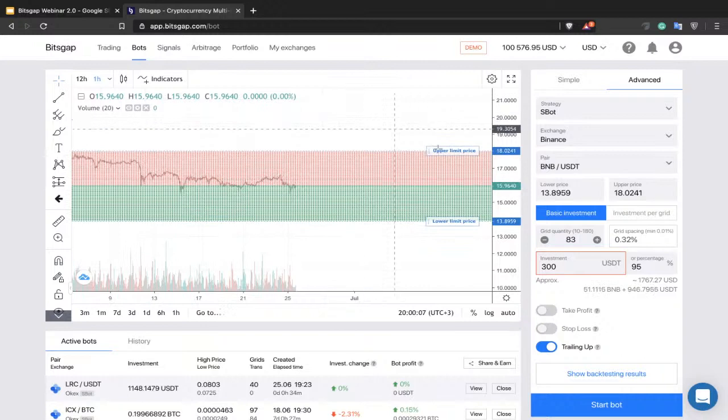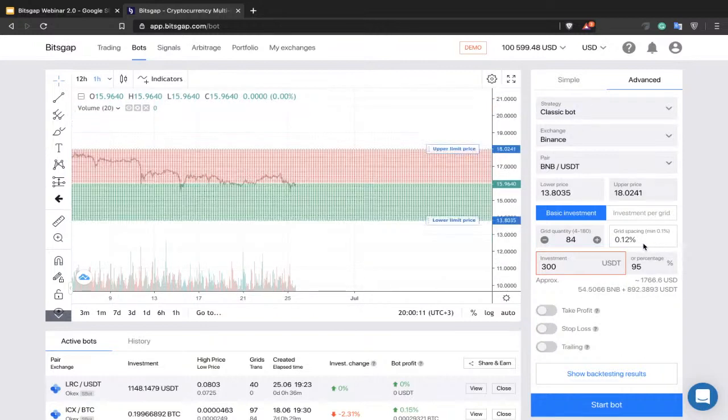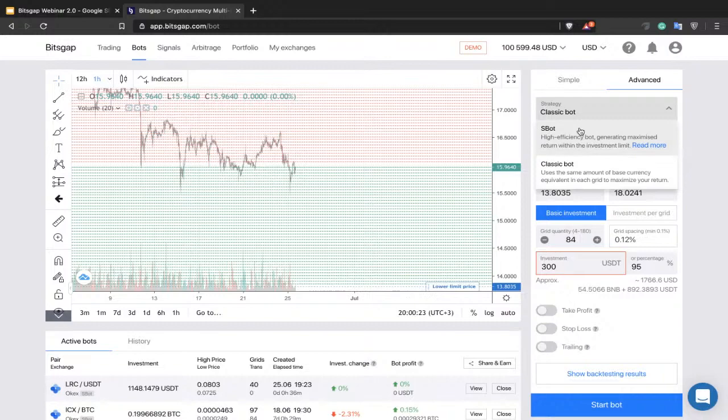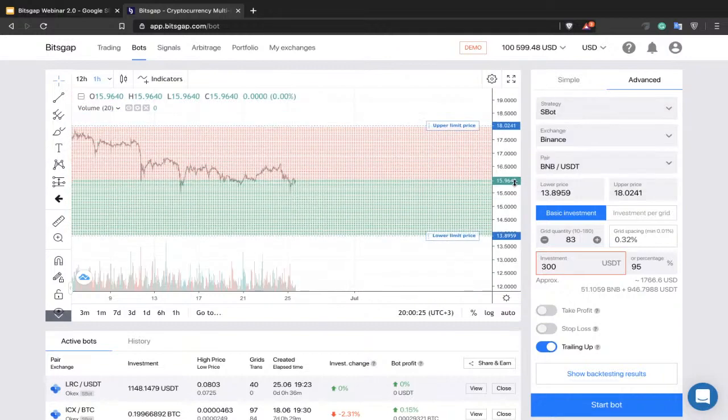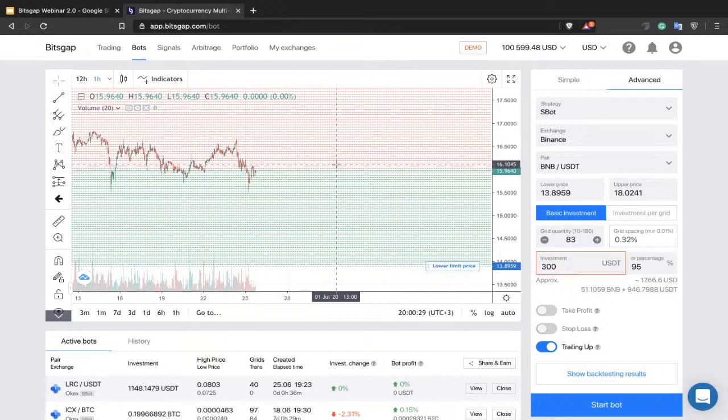So what defines the scalper is that in comparison with the classic bot, where the minimum grid spacing, so the space between your limit orders, can only be 0.1%. But in case of the S-bot, here comes the maximized high frequency, as I call it, because now the grid spacing is reduced down to 0.01%.